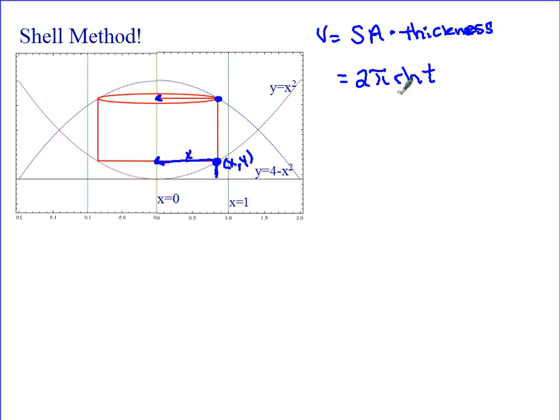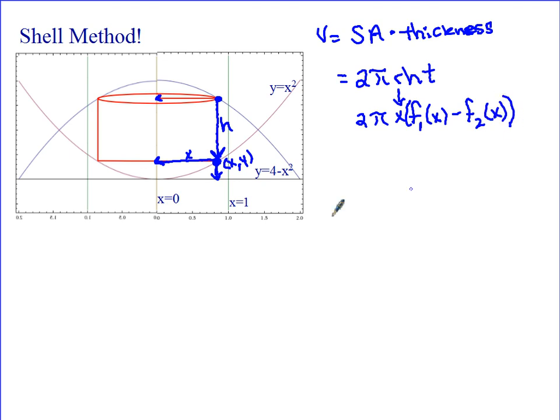So the radius is actually just x. And so we get 2 pi x. The height from here to here, maybe I should make that a different color, is very similar to what we did before when we did our area problems, it's just going to be f1 of x, we'll say, minus f2 of x.